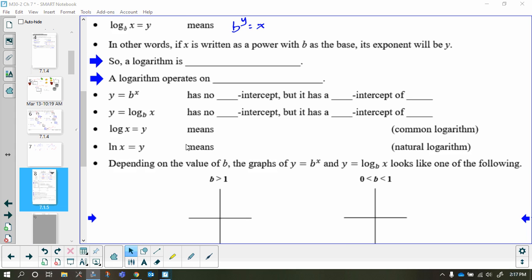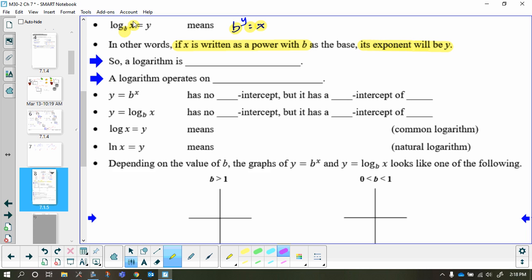Next bullet. These words are really useful to get in your head. So here's what a logarithm is saying. If I take this x and rewrite it as a power where the base is b, so x is equal to some power where the base is b, its exponent will be y.